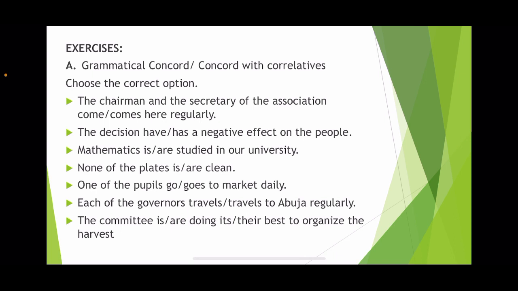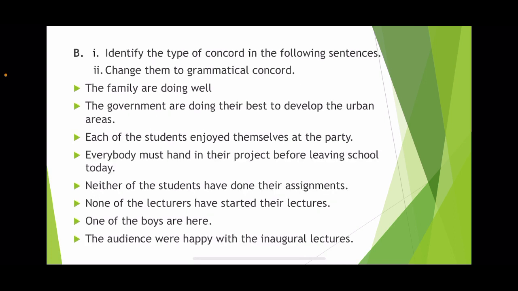The students here are expected to answer these questions. Number B, identify the type of concord in the following sentences. 2, change them to grammatical concord. Example, the family are doing well. These are the things the students will answer.